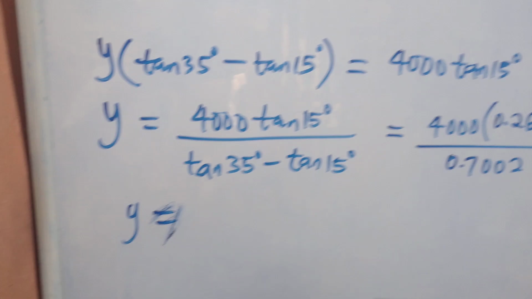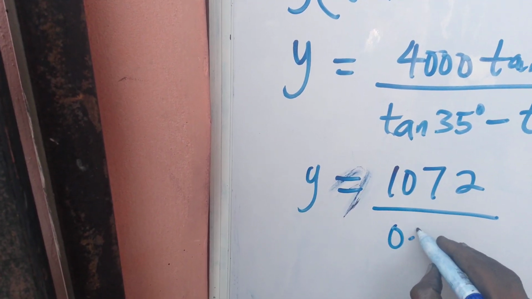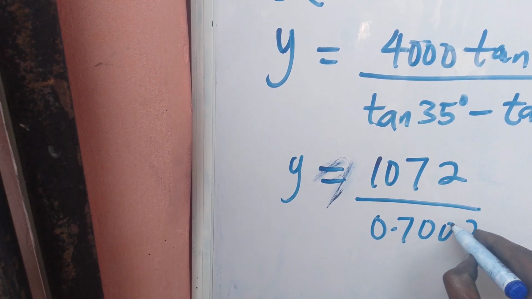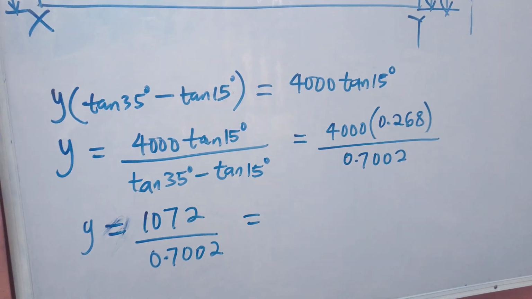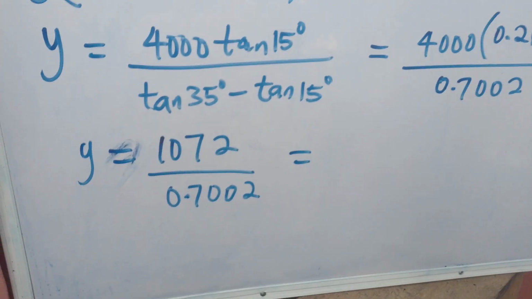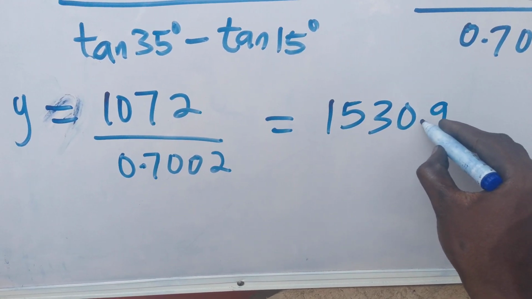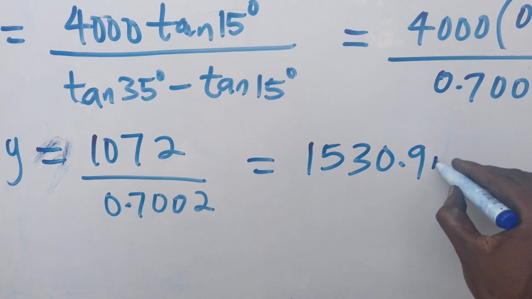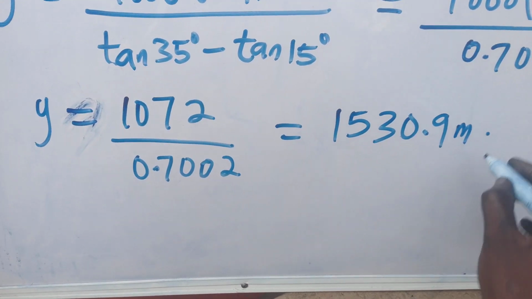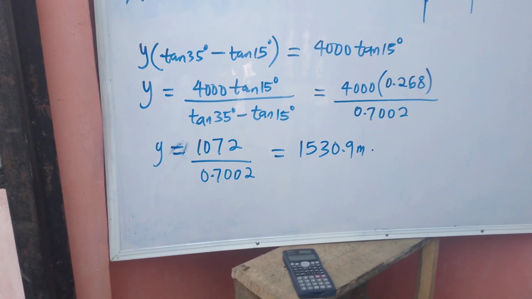When I multiply that, I'll be having 1072 divided by 0.7002. When I divide now, this will give me 1530.9 meters. That's the value of y, 1530.9 meters.